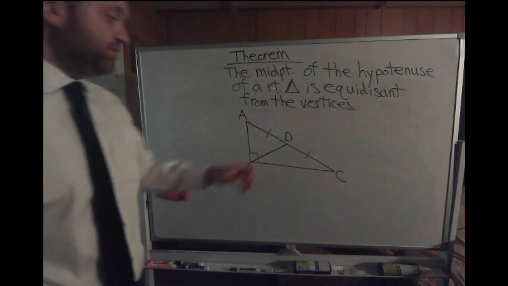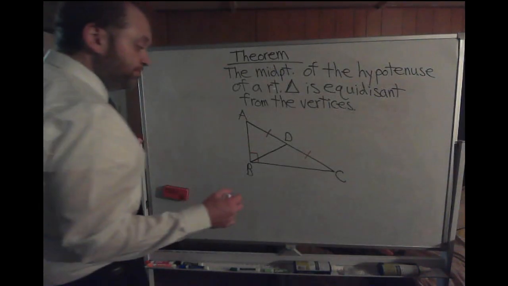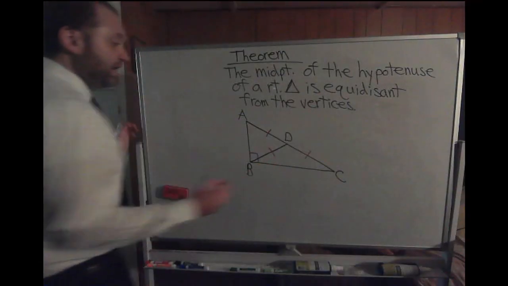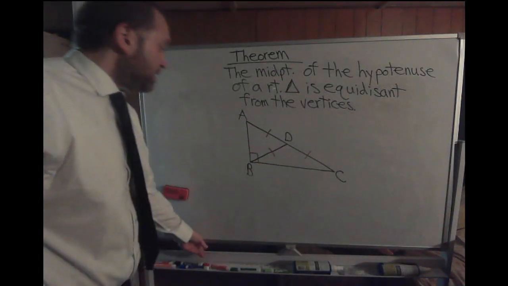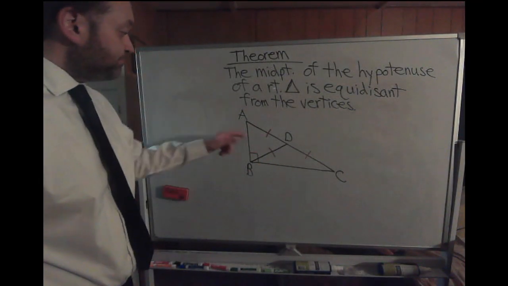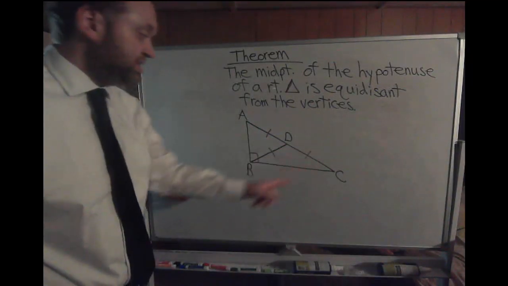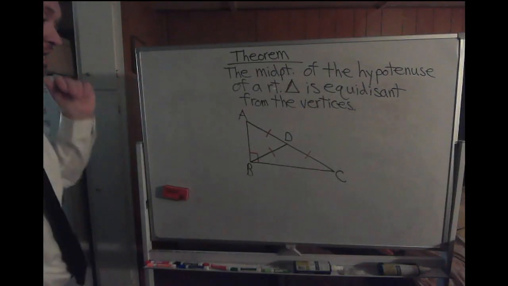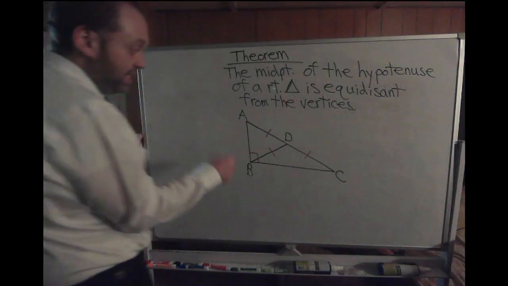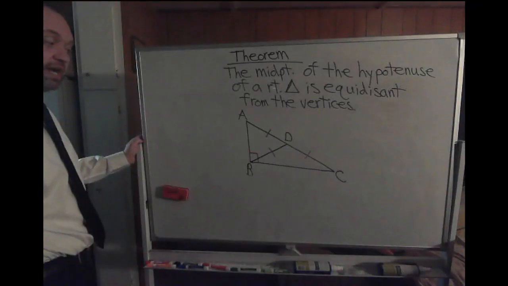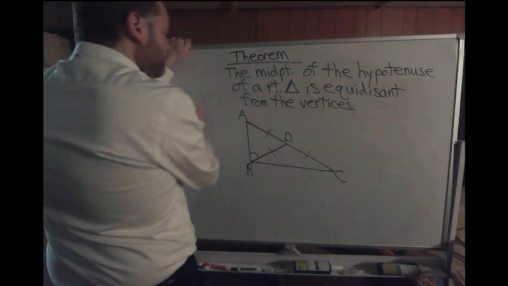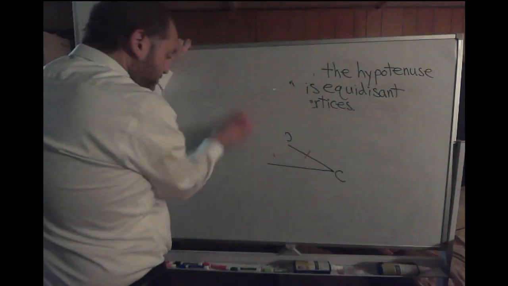It's already equidistant from A and C, but this theorem states that it's also equidistant from vertex B. In other words, you would have that AD is congruent to not only CD, it's also congruent to BD. That's what this theorem states. Which also we can apply the fact, if you're looking for angles, that you would end up having two isosceles triangles. So we are going to do a few exercises with the triangles, and then we're done for the day.